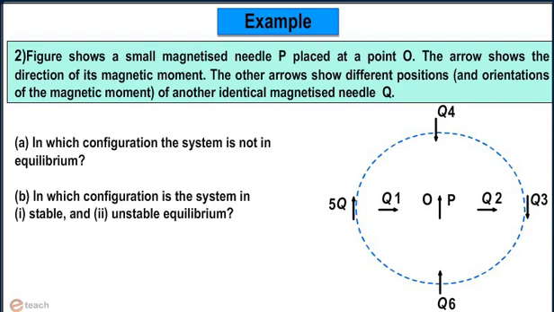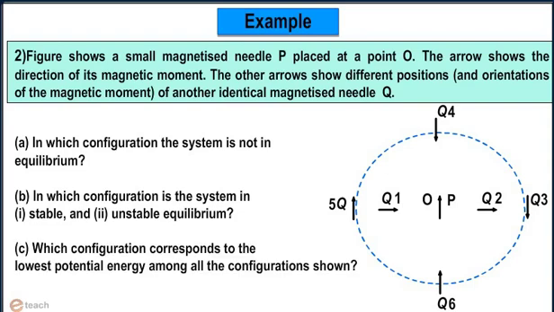B. In which configuration is the system in 1. Stable and 2. Unstable equilibrium? C. Which configuration corresponds to the lowest potential energy among all the configurations shown?